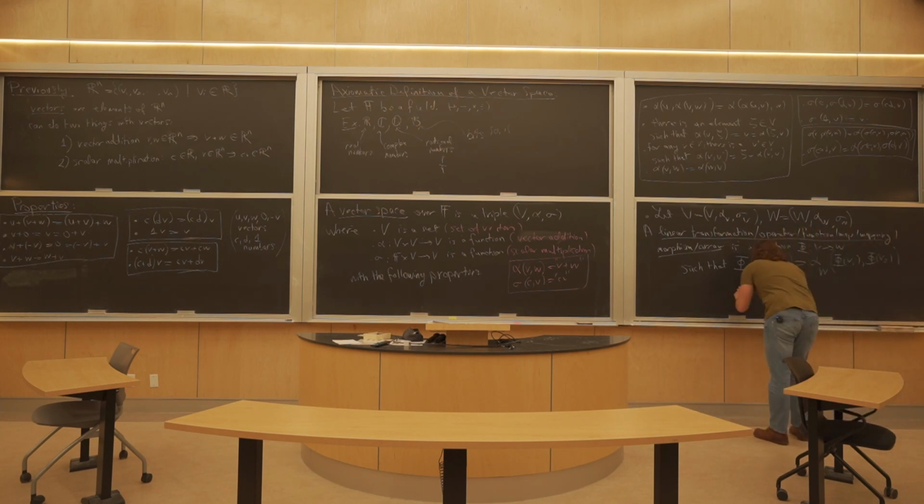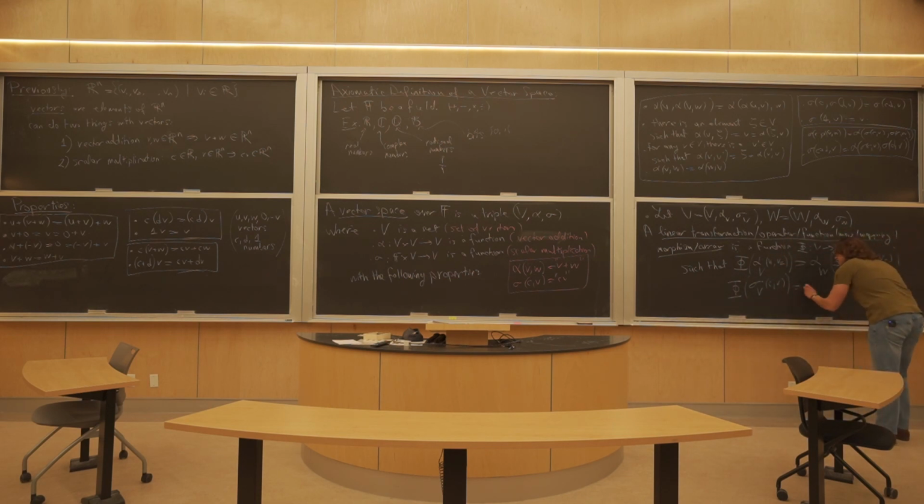And second, I need to say something about scalar multiplication. If I were to scale a vector by C and then apply my transformation to go to W, this should be the same thing as scaling in W using the same number of the image.